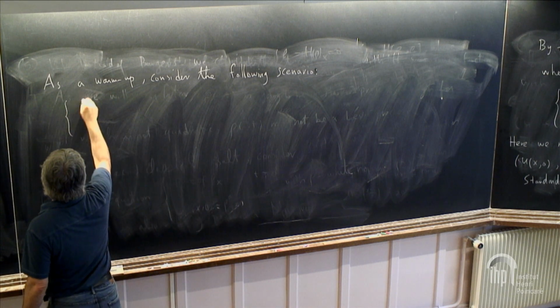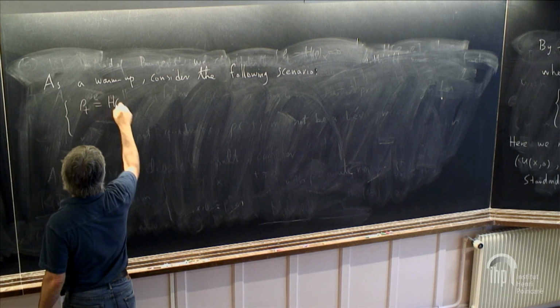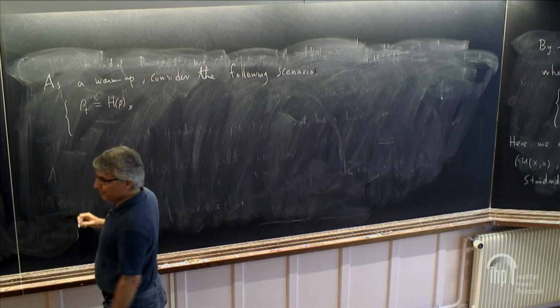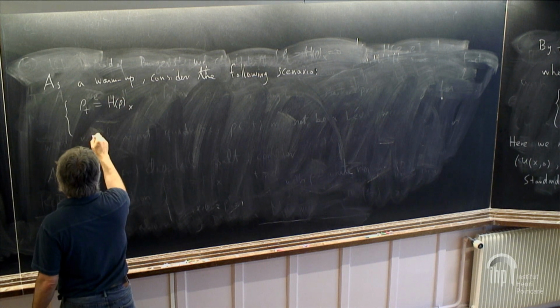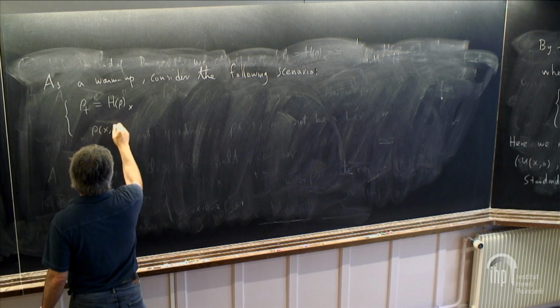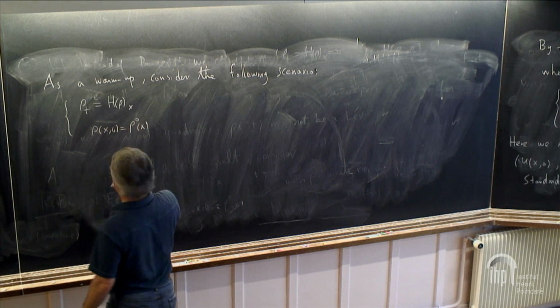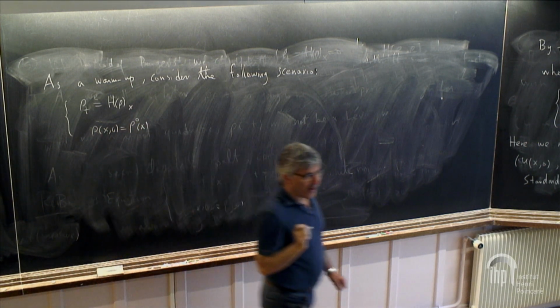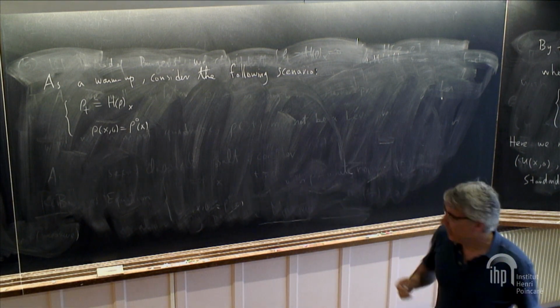So imagine that rho_t = H(rho)_x, and rho(x,0) = rho_0(x), where I want to think of rho_0(x) as a solution of some ODE.